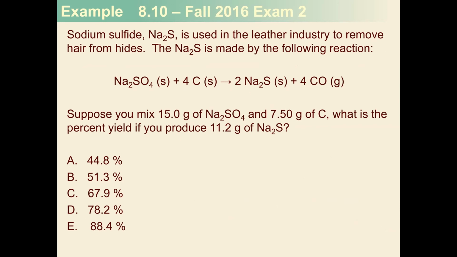I want to calculate the percent yield if I produce 11.2 grams of my sodium sulfide. So how do I do this? Well, let's try and calculate our theoretical yield and our limiting reagent.